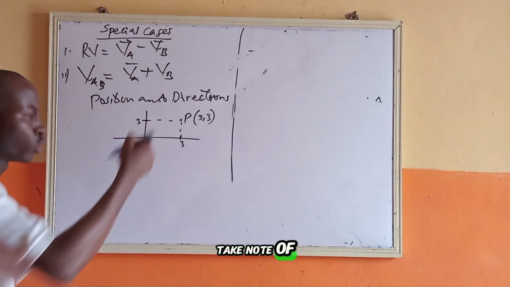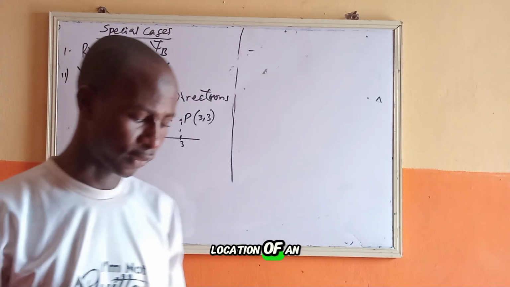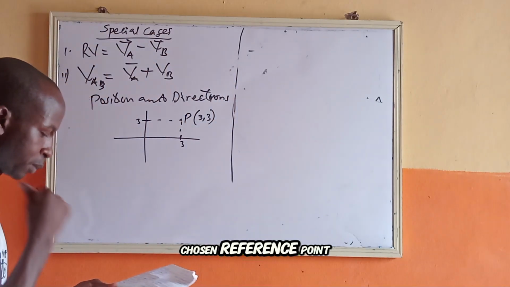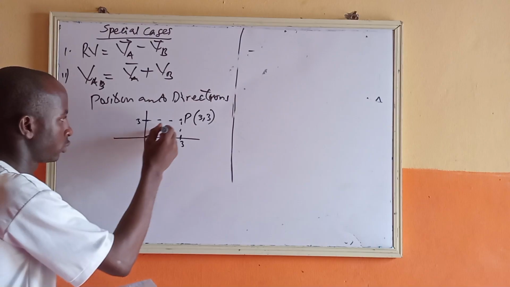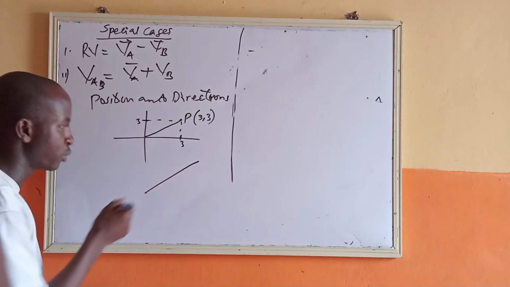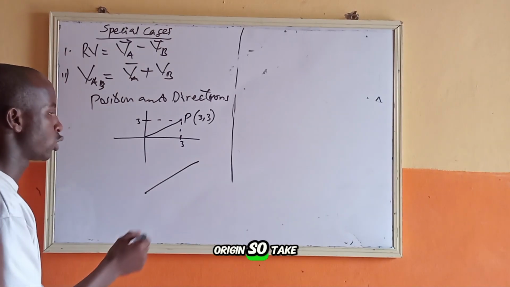We also take note of this in physics. Position tells the location of an object relative to a chosen reference point, the origin. That's what makes the difference between mathematics and physics. So from the origin, you take note of this.